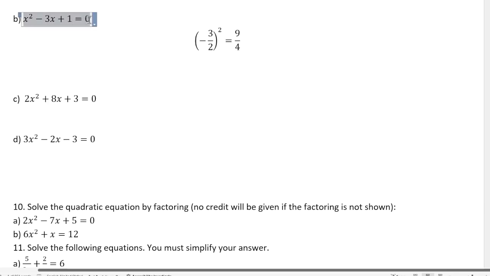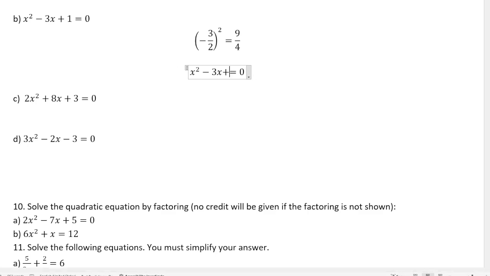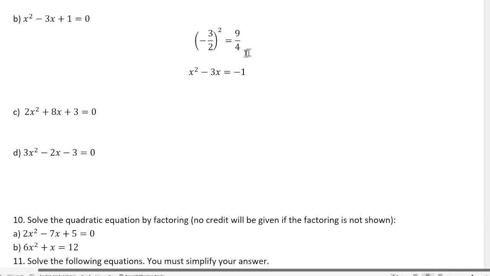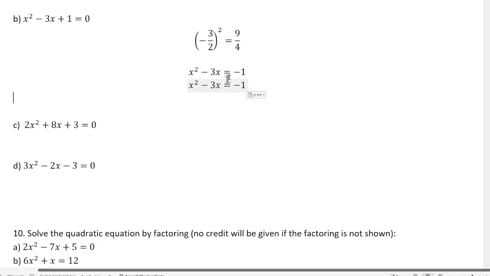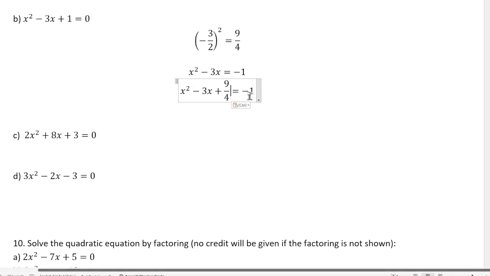Oh, but before that, you should subtract 1. So this should be moved to the other side as negative 1. And now that we figured out that 9/4 is the one that you have to add, we're going to add this 9 over 4 to both sides.